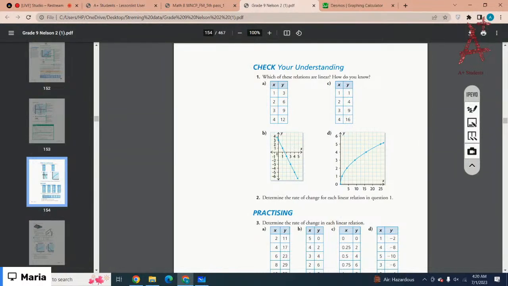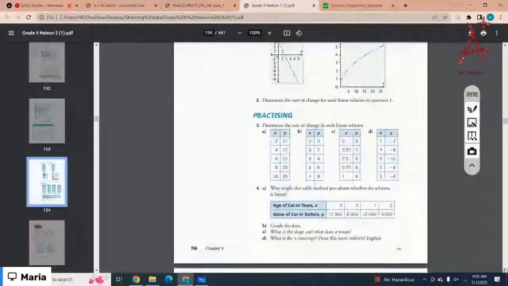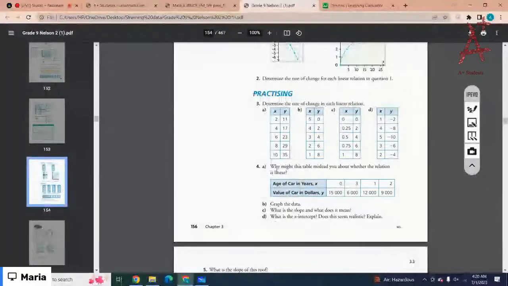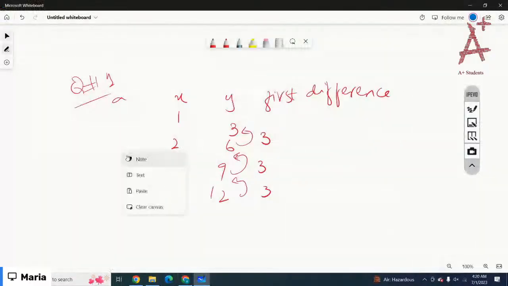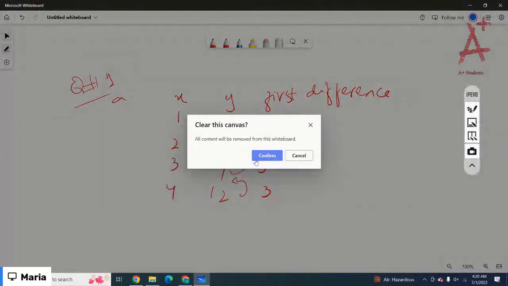Determine the rate of change in each linear relation. Let's start with question number 3a. Let me write down the values on the board.